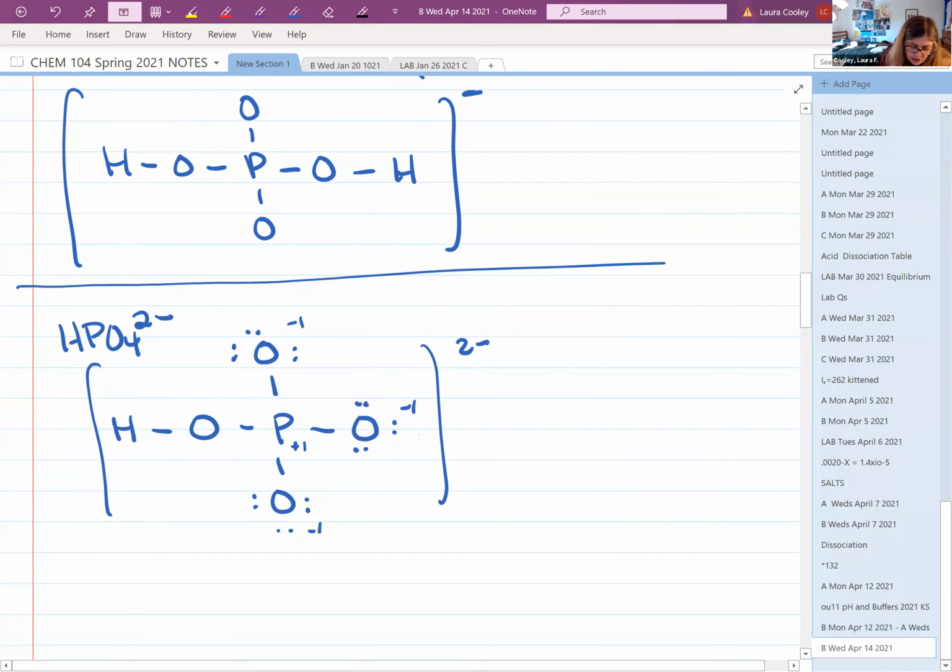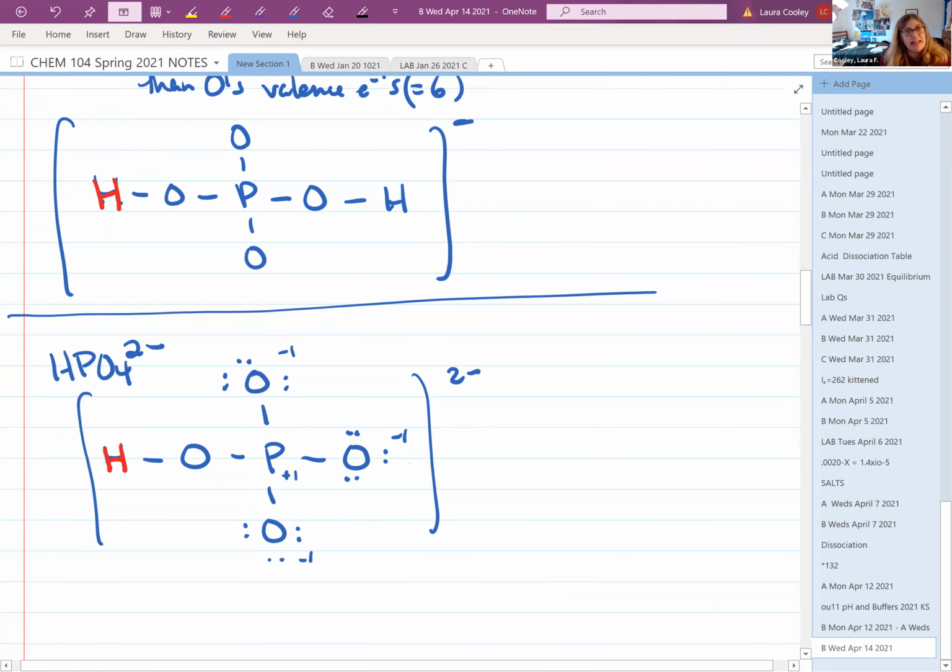So we're trying to compare the ease with which a proton will be released from these, okay? And here's the thing. It's basically the same structure, but the only real difference is this one has a greater negative charge.